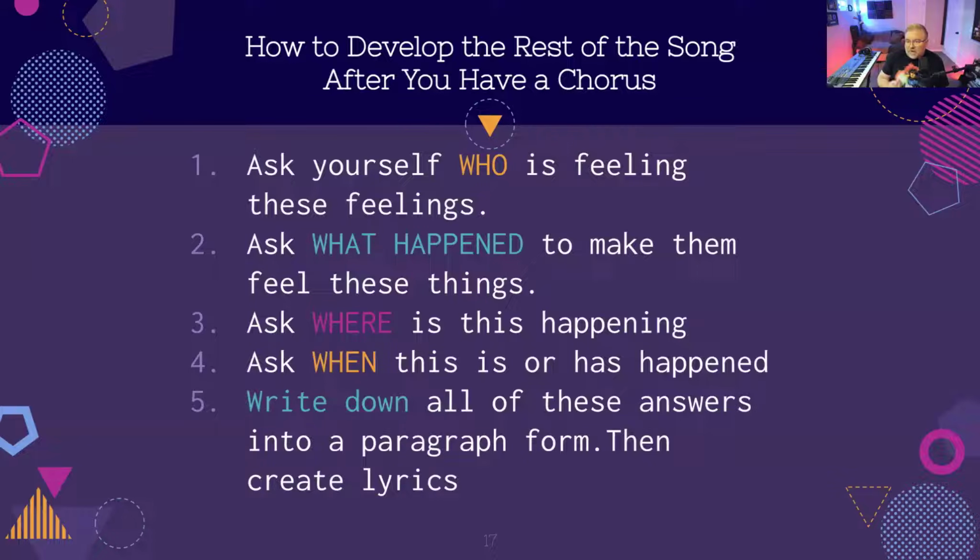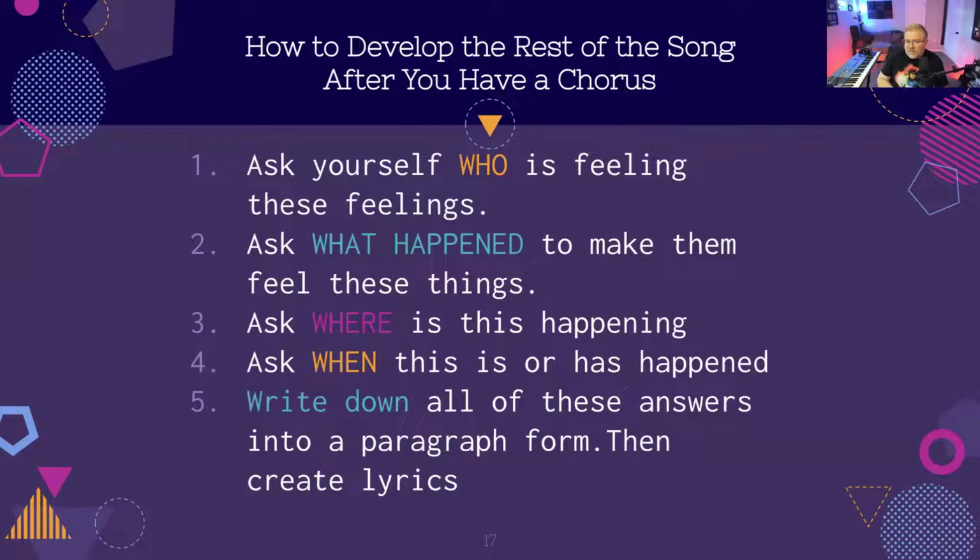If you start with a chorus, you can ask yourself, who is feeling these feelings? Who is the singer singing to? What happened to make them feel these things? Where is the situation happening? When is this happening? And you can answer these questions in paragraph form and even try to get descriptive.